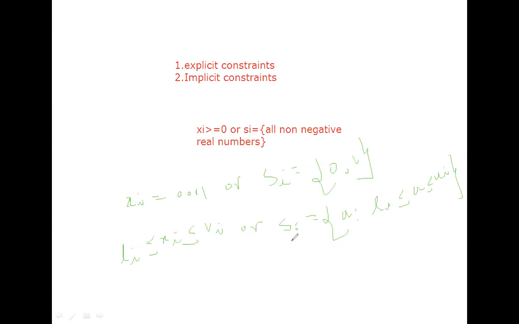The explicit constraint depends upon the particular instance of the problem being solved. All tuples that satisfy the explicit constraints define a possible solution space for the problem.